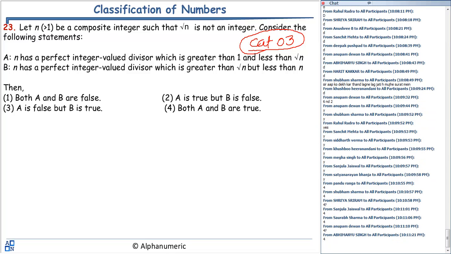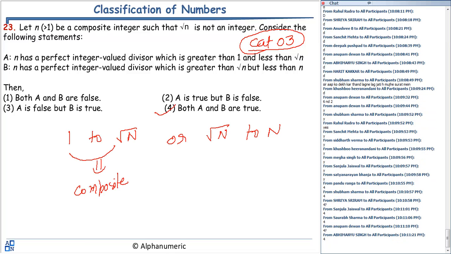अभी स्टार्टिंग में डिस्कस किया था मैंने, ठीक है, that 1 to root n or root n to n. If there is any factor between 1 to root n, then this number is not a prime. Then it will be always a composite integer. I have discussed this in the very beginning of today's lecture.